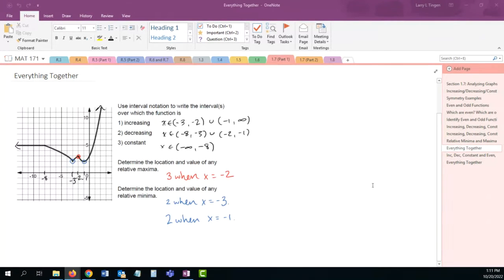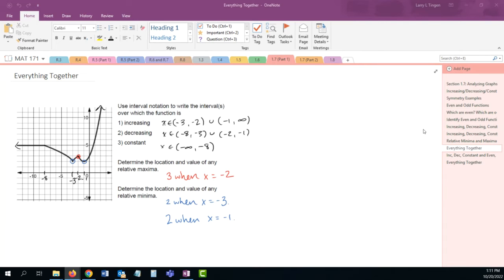All right. So, like I said last time, increasing, decreasing, constant functions. Where is it increasing? Where is it decreasing? We talked about symmetry, even and odd, and then mins and maxes.